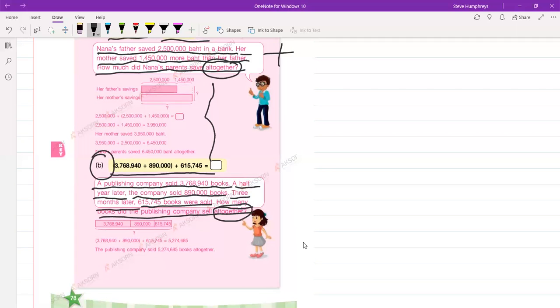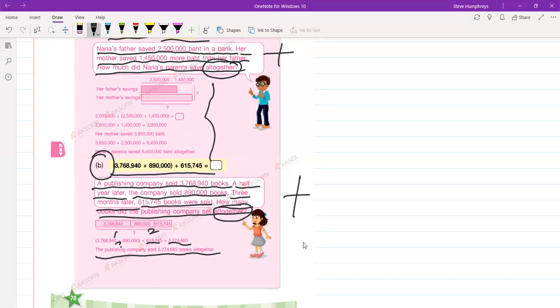Keyword altogether, addition. Okay? And there's your step 1. There's your step 2. Okay, get this answer and add that to get your answer. Sentence: the publishing company sold 5,274,685 books altogether.